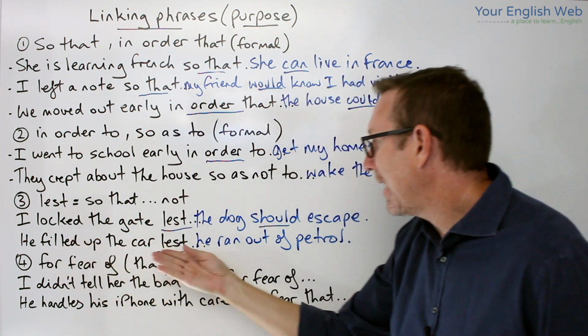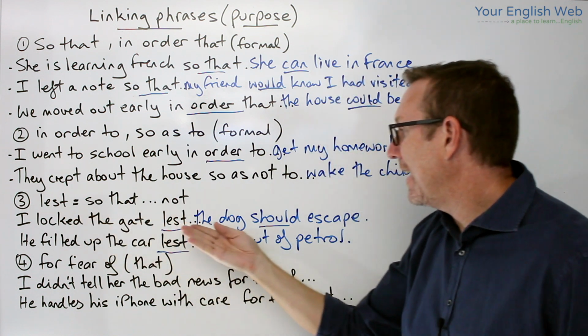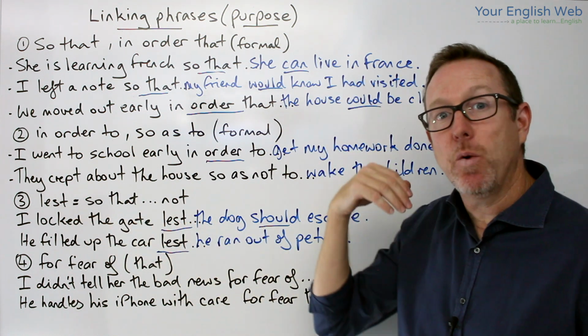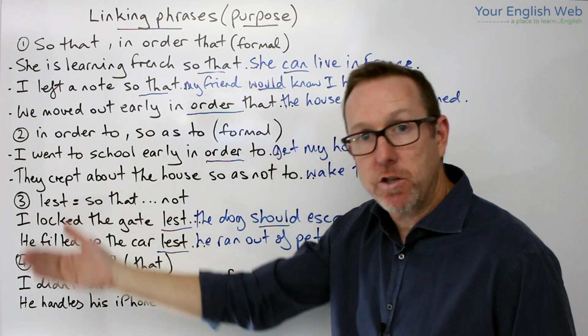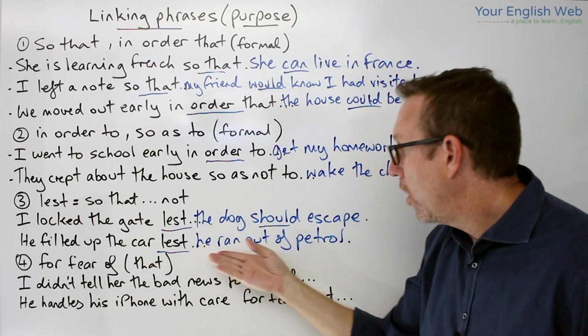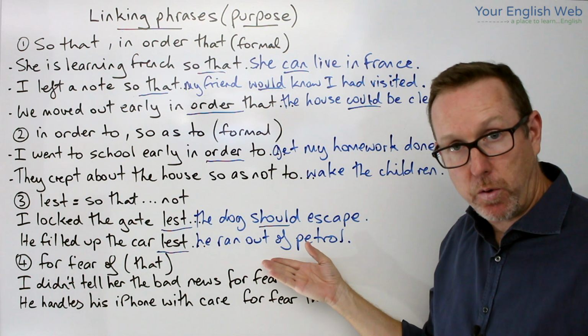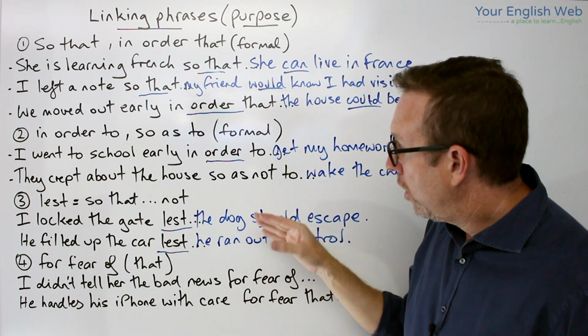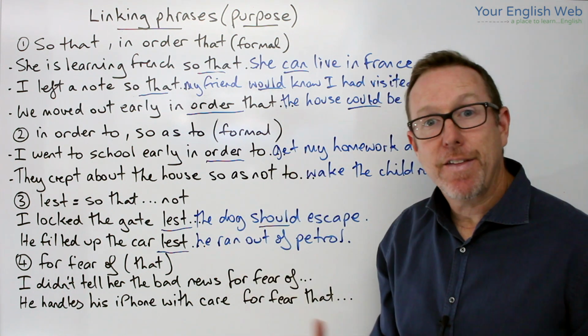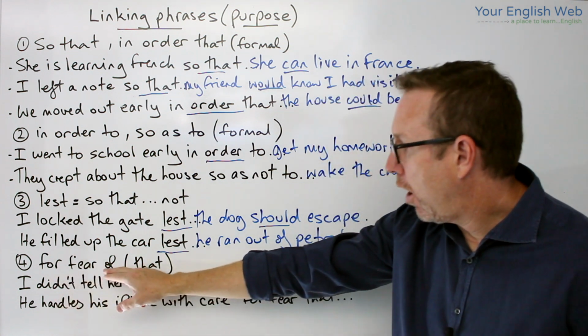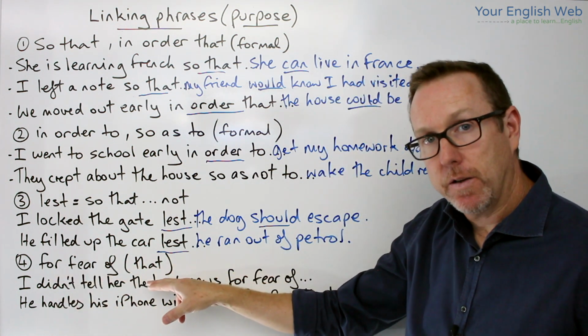I locked the gate lest, okay, because I didn't want to see the dog escape. I didn't want to run out of petrol, okay? So those were the reasons why. That's the purpose here.